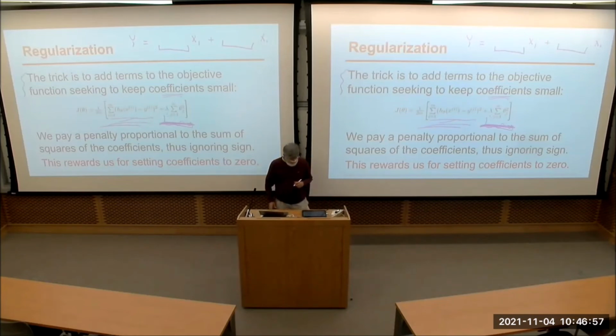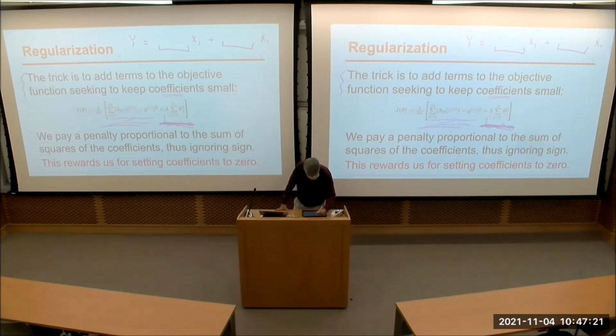Let's say that x1 and x2 are about the same order of magnitude, both z-scores. Let's say y is also a z-score, so it's a value between, say, -3 and 3.